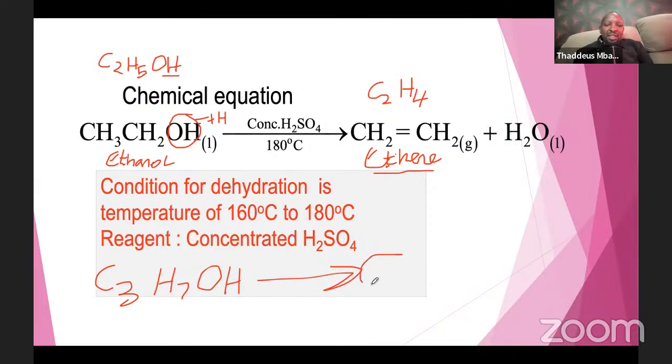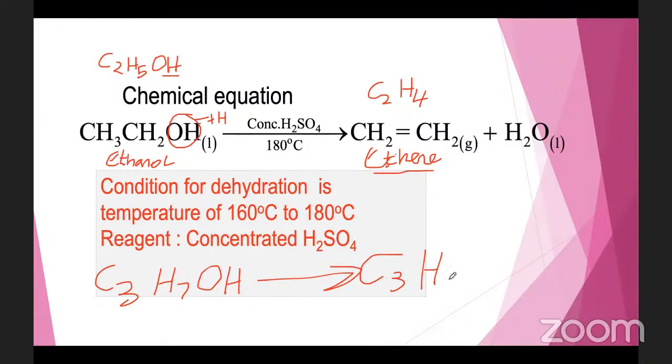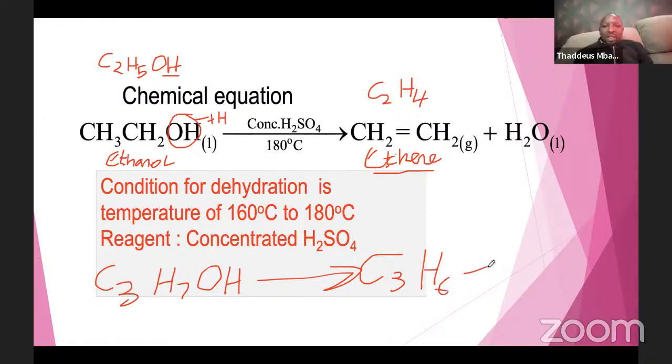C3H6, plus water. So we have ethanol. When you dehydrate ethanol, you get ethene plus water. When you dehydrate propanol, you get propene plus water. It's just as simple as that.